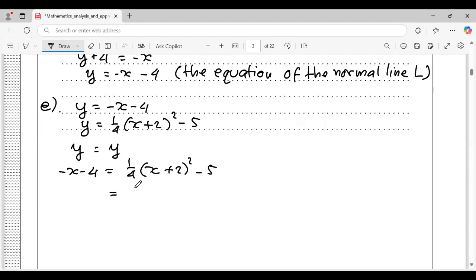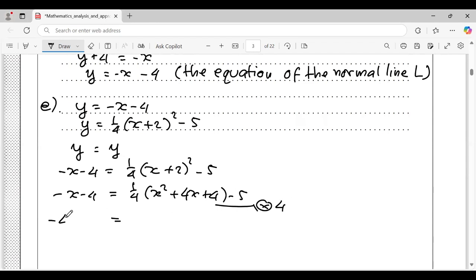Expanding, it becomes 1/4 (x squared plus 4x plus 4) minus 5. Multiplying by 4, we get minus 4x minus 16 equals x squared plus 4x plus 4 minus 20.